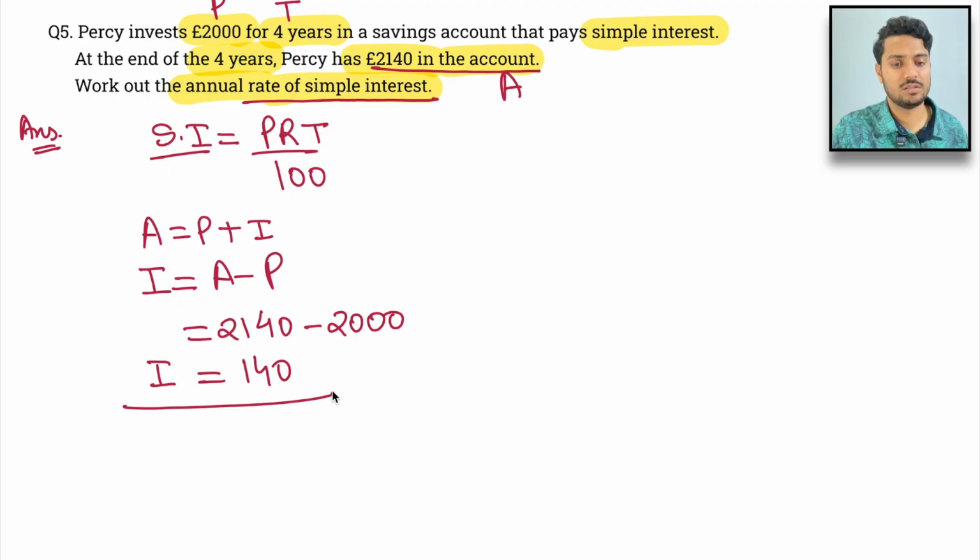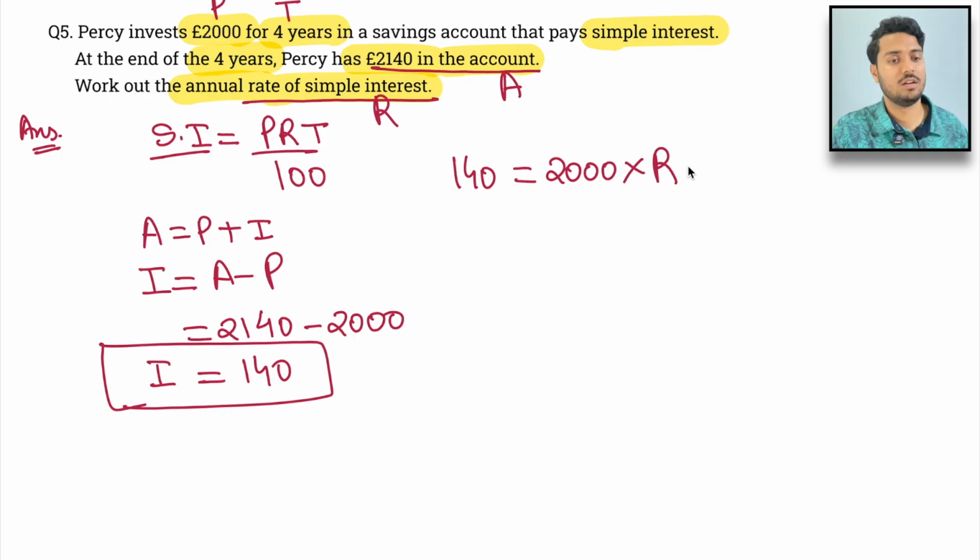So interest is 140. Now let's find the value of R by substituting the value of I in the main SI formula. So 140 is equal to 2000 into rate of interest, which is missing, multiplied by T, that is 4 years, divided by 100.